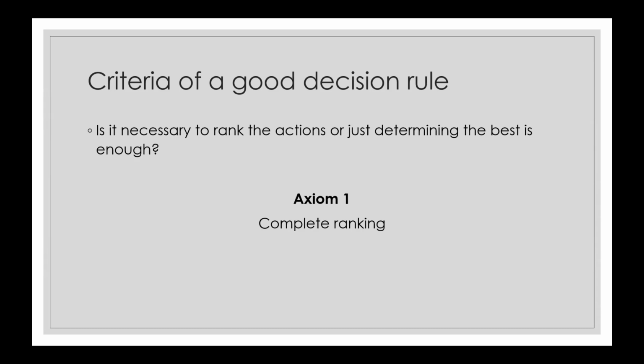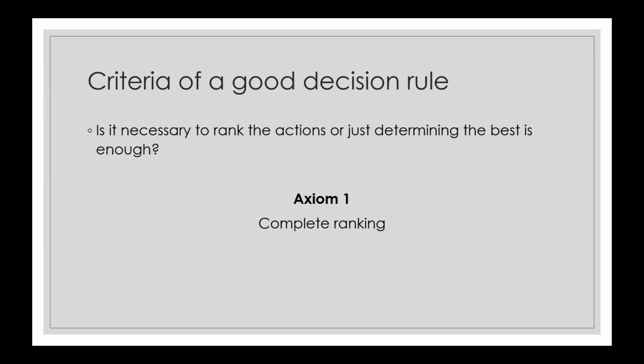When I say criteria, I use criteria to refer to this set of actions. So when I say criteria of a good decision rule, it means that these are the things that we require that our rule should follow in order for it to be rational in a way.